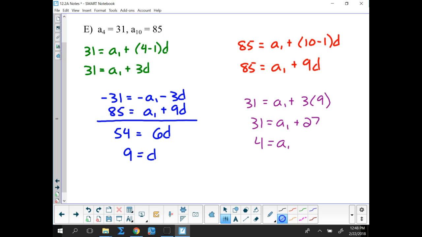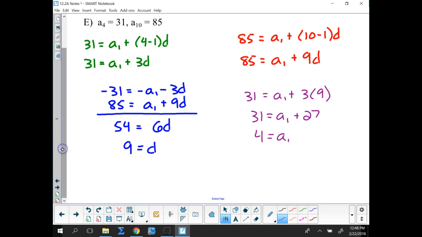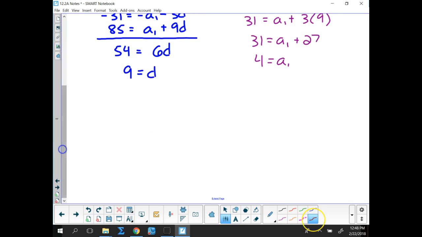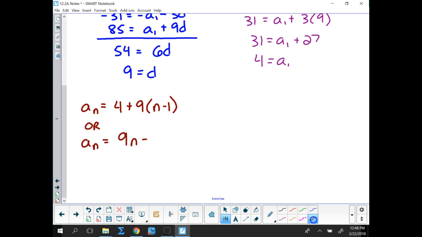So 4 is your first term. That then gives you a rule of a sub n is 4 plus 9 times n minus 1, or a sub n is 9n minus 5.